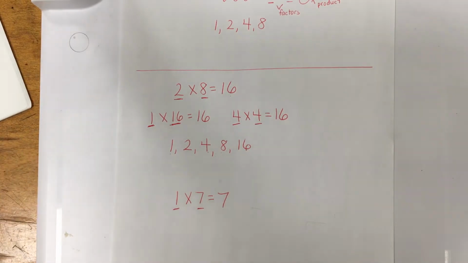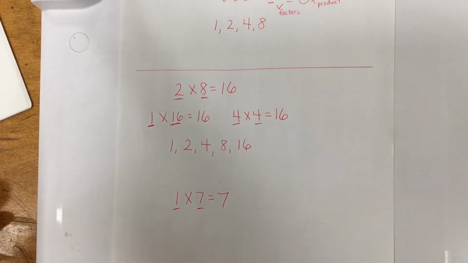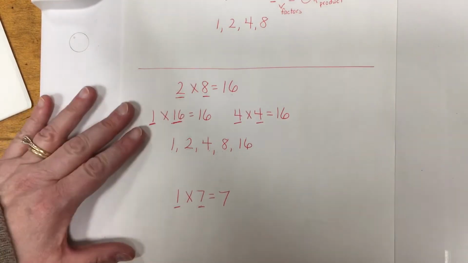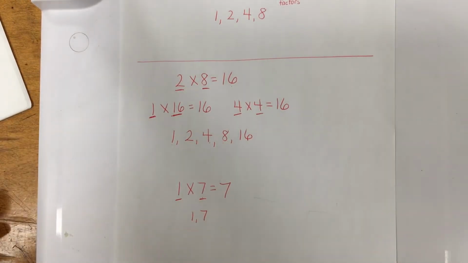Well, no. 2 times nothing is 7. 3 times nothing is 7. 4 times nothing is 7. 5 times nothing. 6 times nothing. 7 we've already done. So the only factors for 7 are 1 and 7.